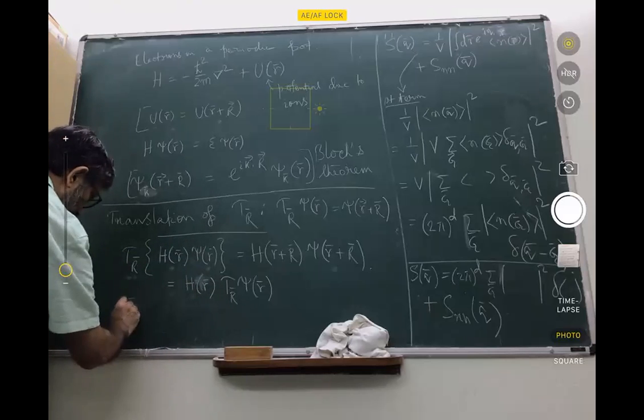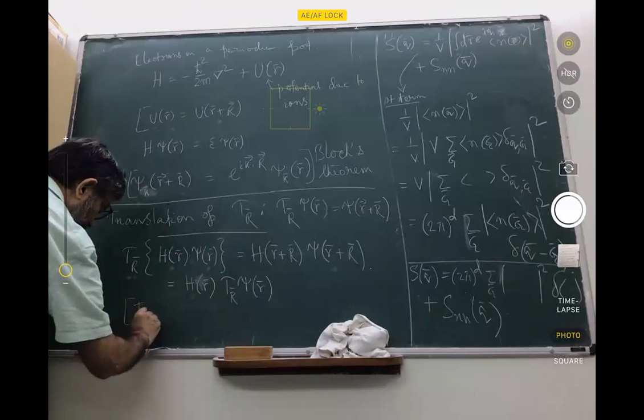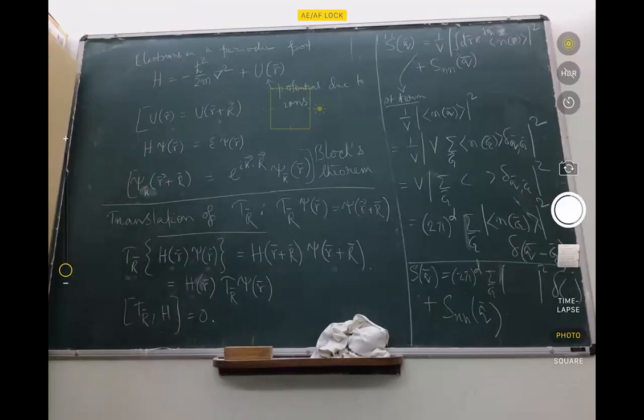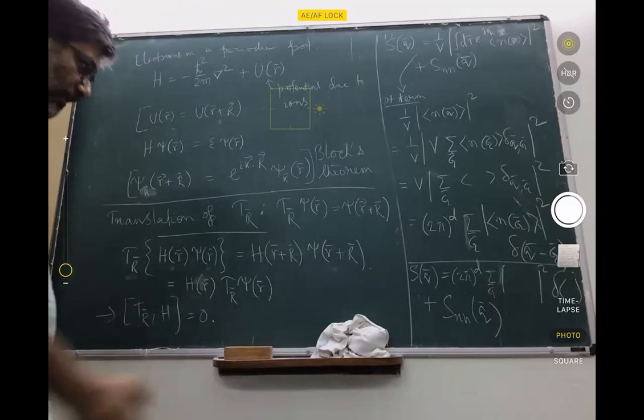So therefore, okay, that is a condition that we have found. Therefore, I can have wave functions that are simultaneous eigenfunctions of both H and T of R. I can construct energy eigenfunctions that are eigenfunctions of this discrete translation operator.